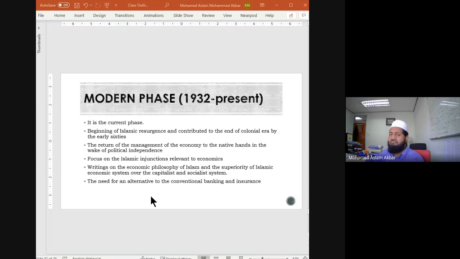The answer is no, it's not possible. It will not be possible to create or support that system until we understand how these things were discussed in different phases. What are the contributions of Muslim scholars? How did they try to solve the problems?